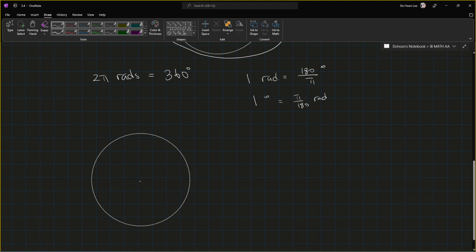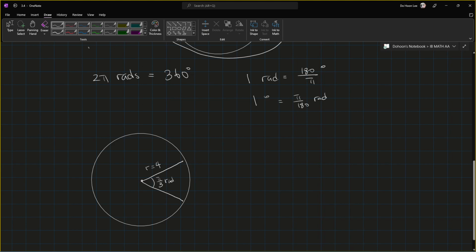Let's say that we have this circle with the radius of 4. And then we have an angle, and that's given as pi over 3. Okay.